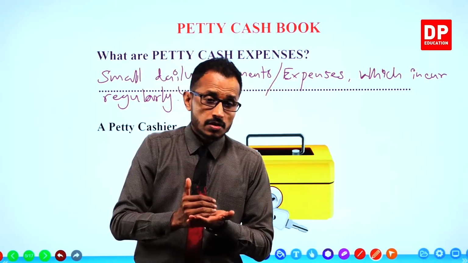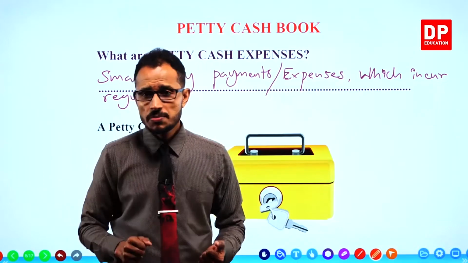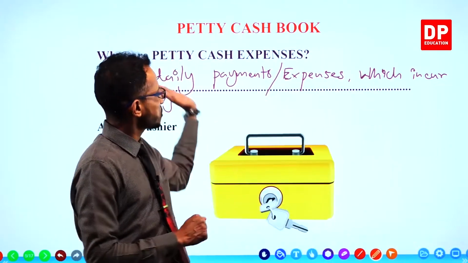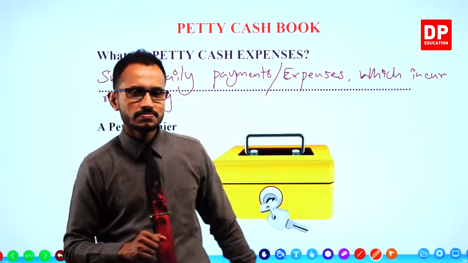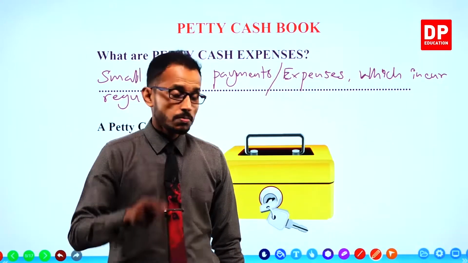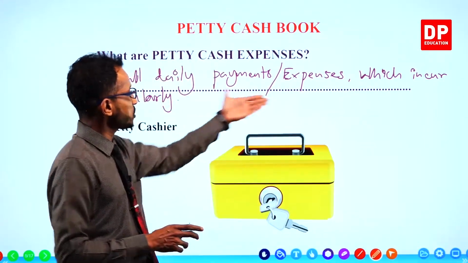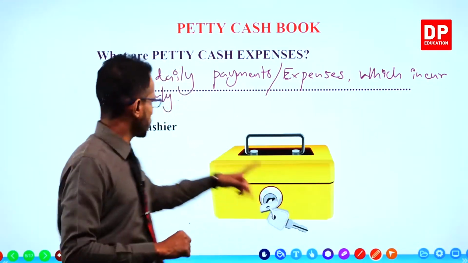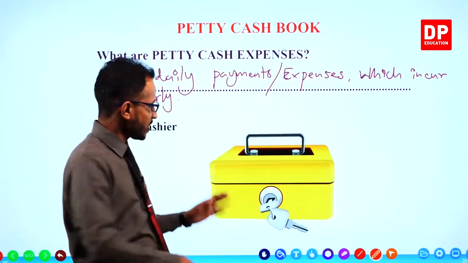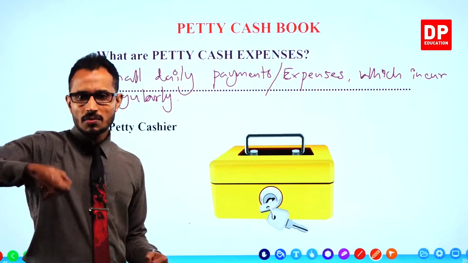Maybe sometimes under the main cashier there's another petty cashier who is handling the petty cash transactions. So the main cash is handled by the main cashier, petty cash transactions by the petty cashier. Most of the time the petty cashier has this type of locker box.